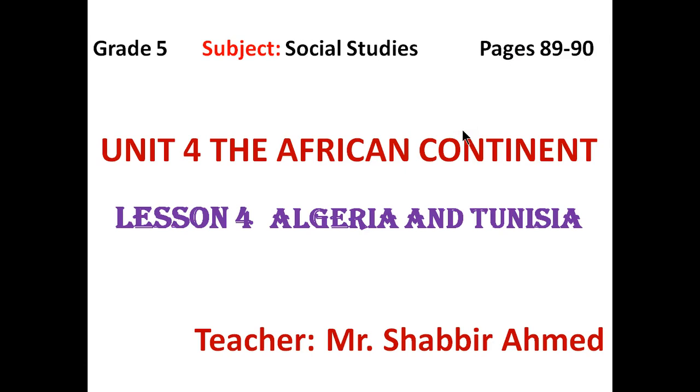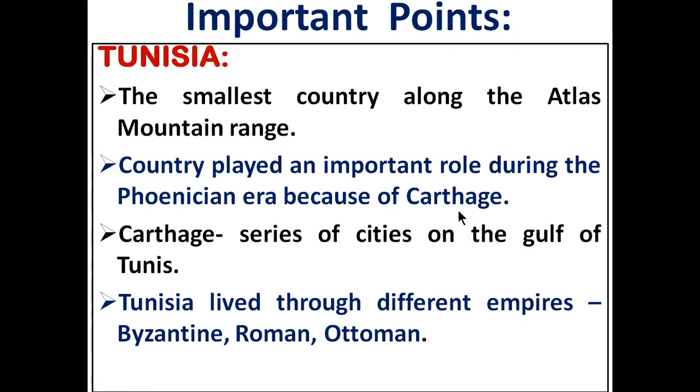In this lesson we have already discussed the country Algeria. Now we are going to discuss the country Tunisia. So now let's have some important points about Tunisia. Tunisia is the smallest country along the Atlas mountain range, and the country played a very important role during the Phoenician era because of Carthage.